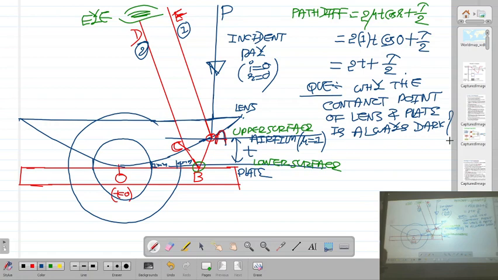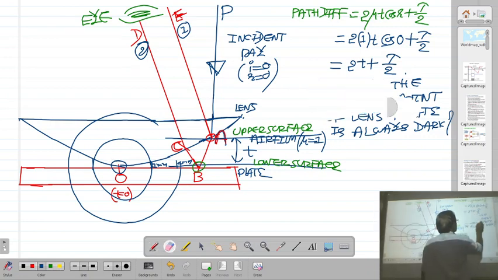The contact point is where the lens and plate are in contact with each other, and the thickness there is 0. So we have to answer why the contact point of lens and plate, where the thickness is 0, is always dark. Let us give the answer.